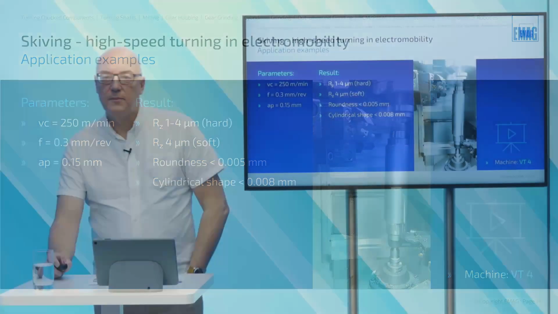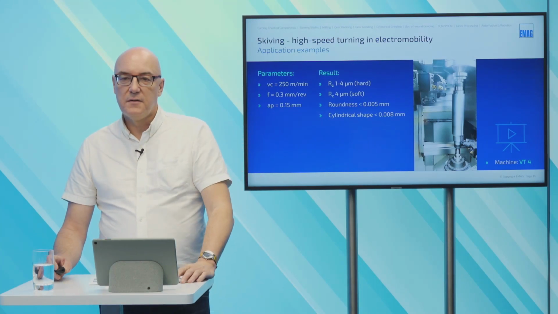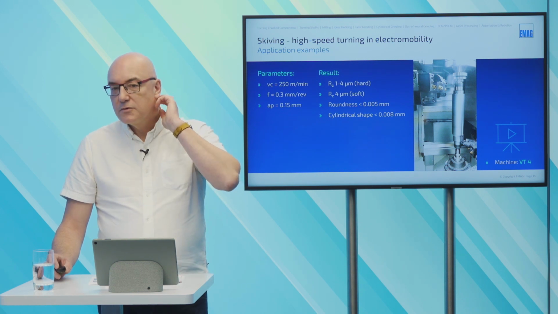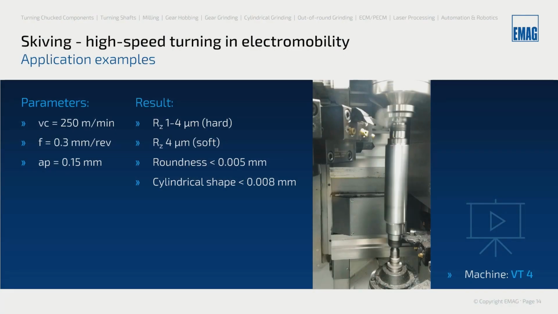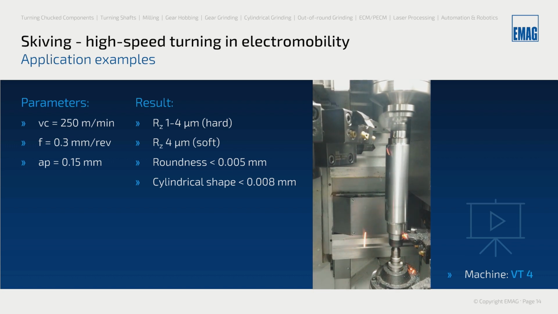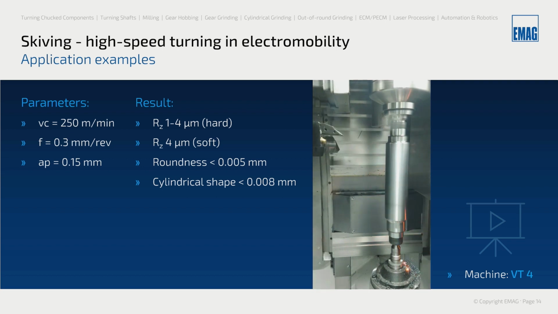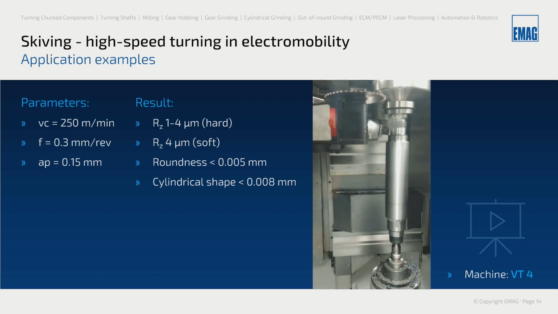Now we have an example. Here you see a rotor shaft, and we are turning with 250 meters with a feed weight of 0.3 millimeters, and we have a cutting depth of 0.15 millimeters. First we do the pre-turning for the skiving diameters hard, and with skiving we get a surface of 1 to 4 microns.